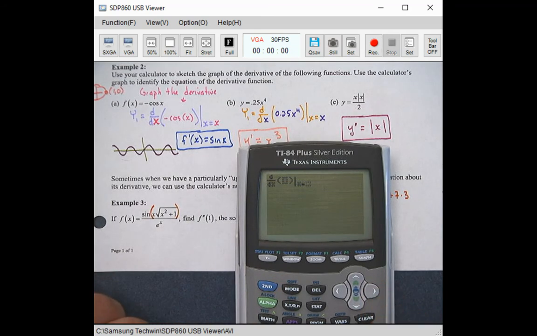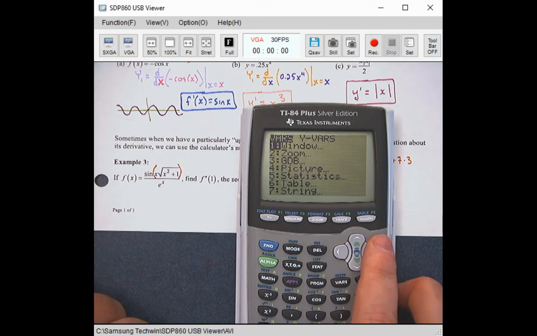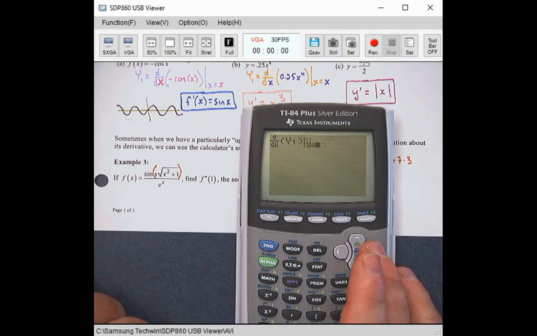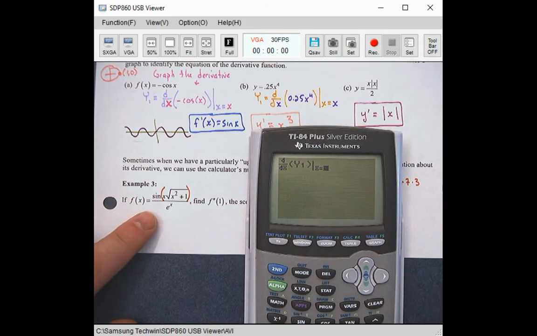In here, if you see this button VARS, that stands for variables. When you select that, you can go over to your y variables, select your function, and hit y1, and all of a sudden it takes all that junk and it stores it in that space. I want to evaluate this now. I'm not trying to graph the second derivative.